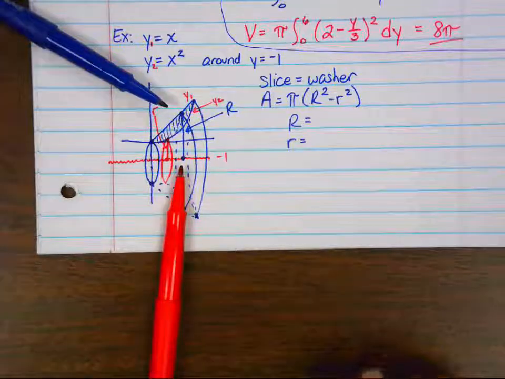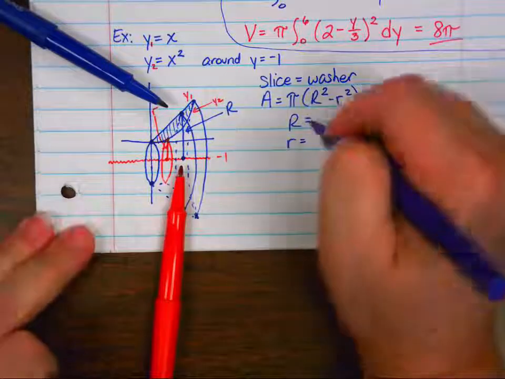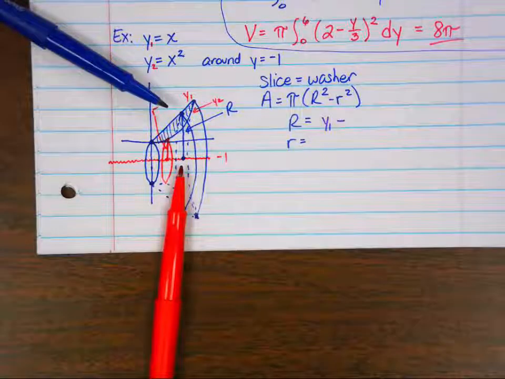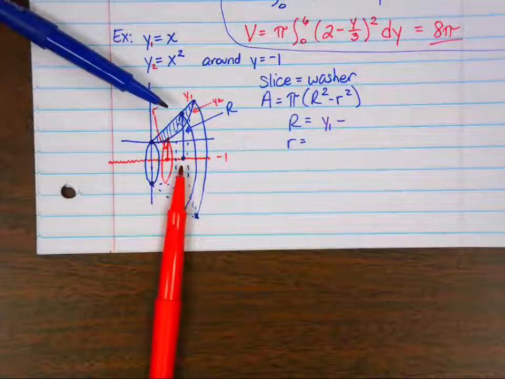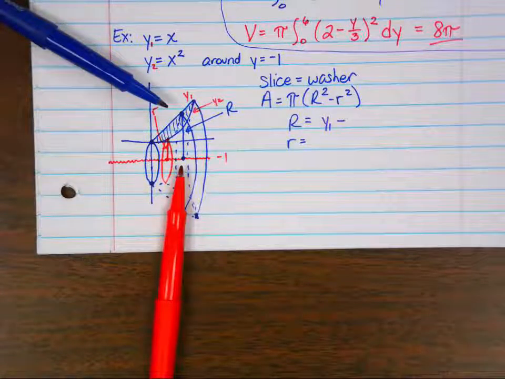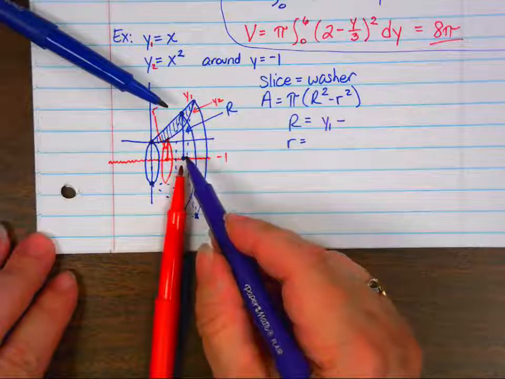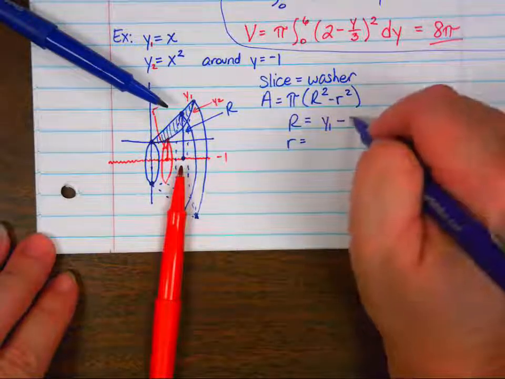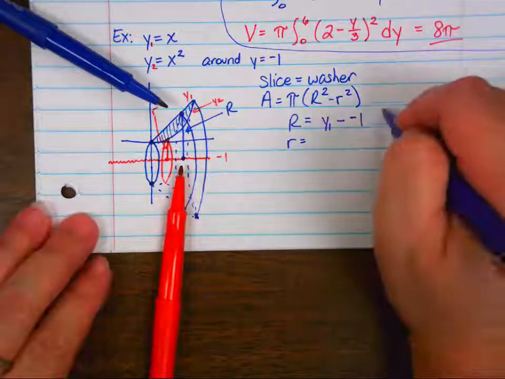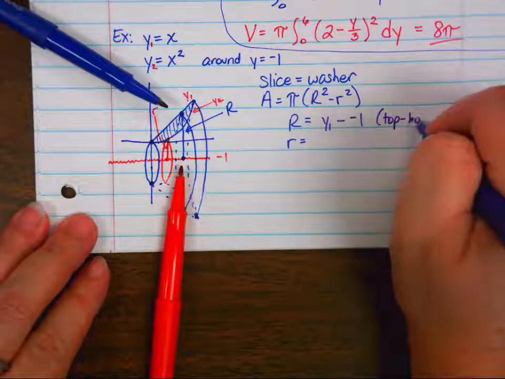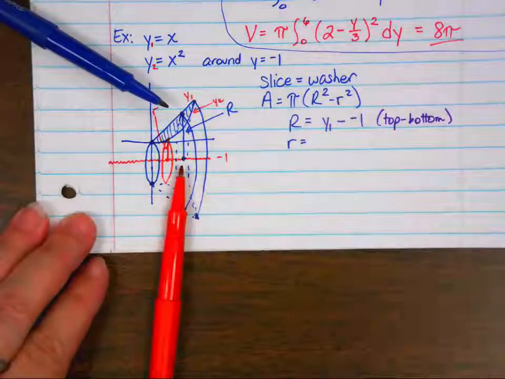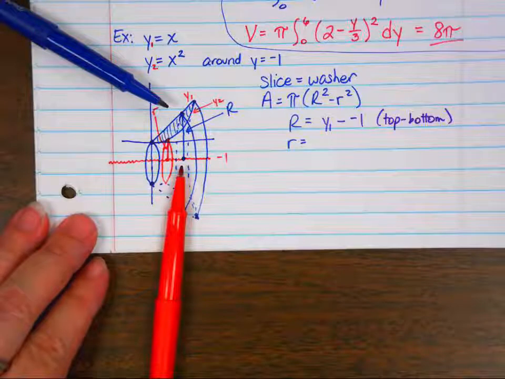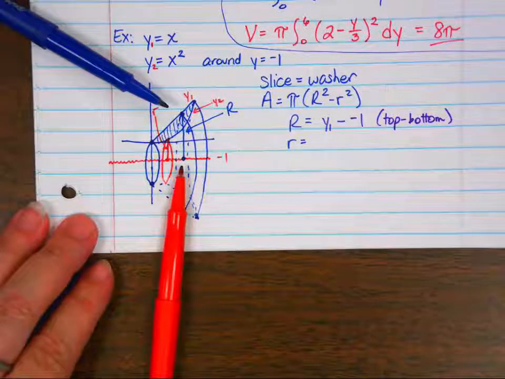Y1. So Y1 minus, what's the bottom of the blue line? Where's it at? It's on -1. So it's Y1 minus -1. Parentheses top minus bottom. Do you see that? Top is Y1, bottom is -1.